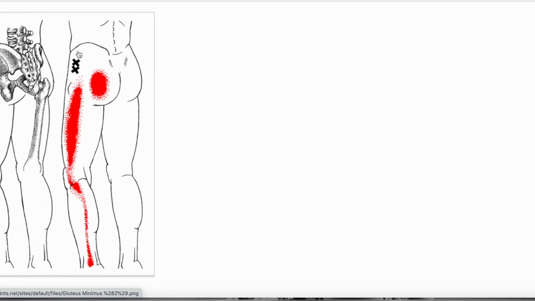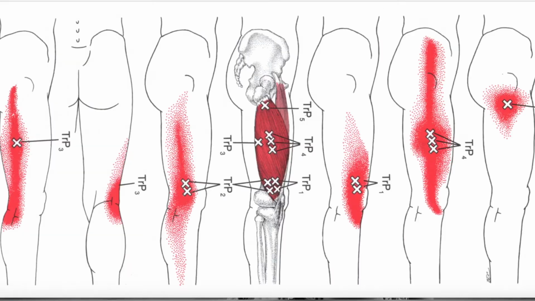Okay, so in combination, a lot of times with people that run a lot, not only will I see a tight glute minimus, but if we go into the vastus lateralis, the outside portion of the thigh, we will also see this guy get lit up by a lot of trigger points.